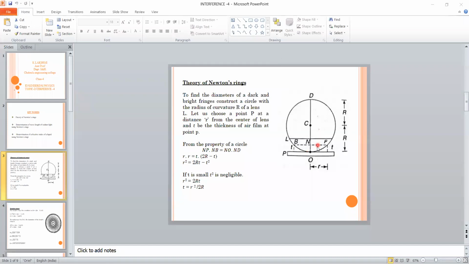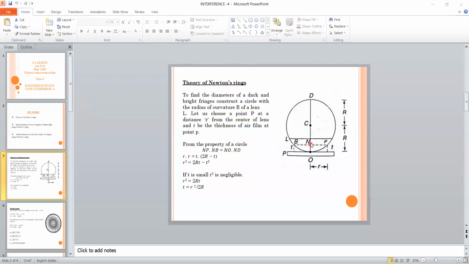Just subtract the ON value from the OD value. What is OD value? R plus R, 2R. What is ON value? Small t.